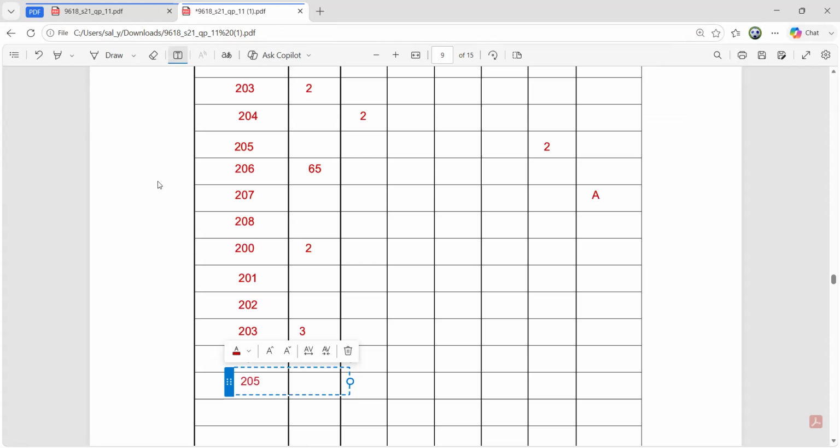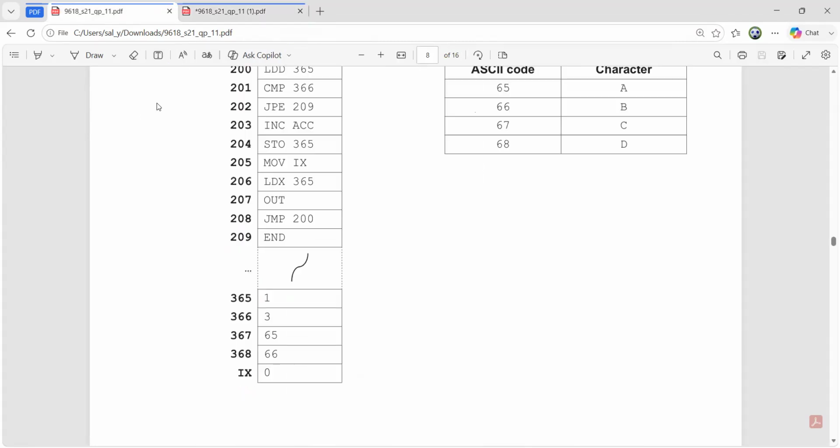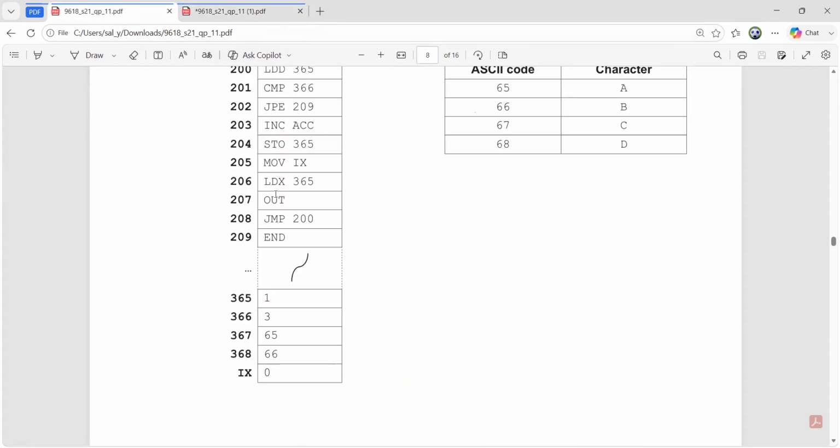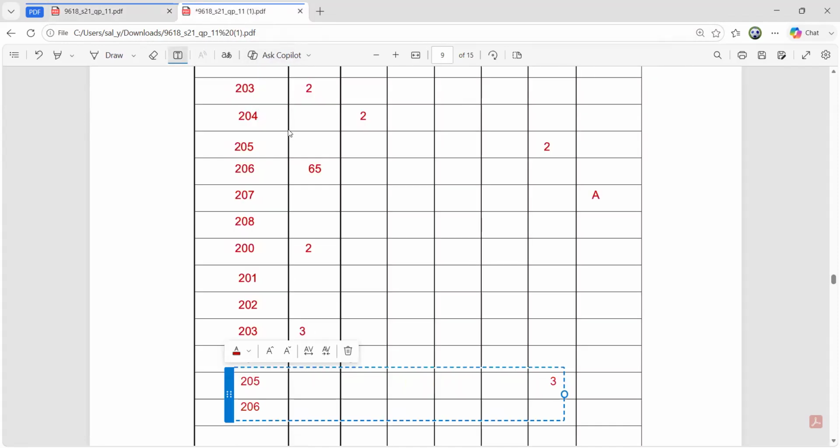And then 205 says what? 205 says MOV IX, means move the contents of the accumulator to your IX. That means the value of 3 will be moving to the index register. And then 206 is going to be LDX 365 once again.